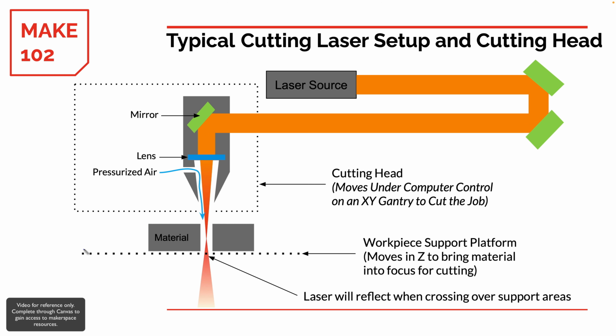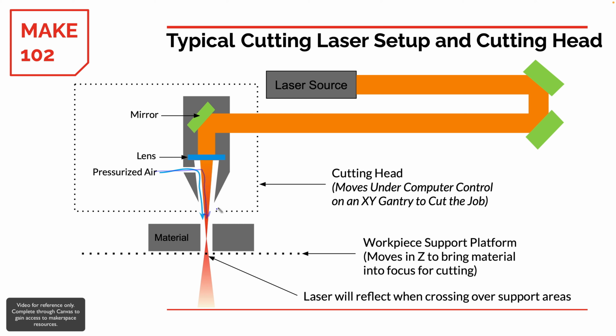A few things to note: our material is sitting on a surface, and each of these little dots here represents a support on the surface of that table. And when the laser beam hits one of those supports, some of that energy will be reflected back up, and you may see that as a small flash. That's normal. Also, there is pressurized air that flows through the laser head.